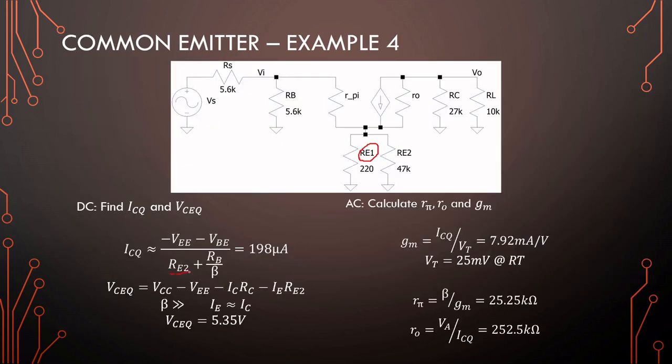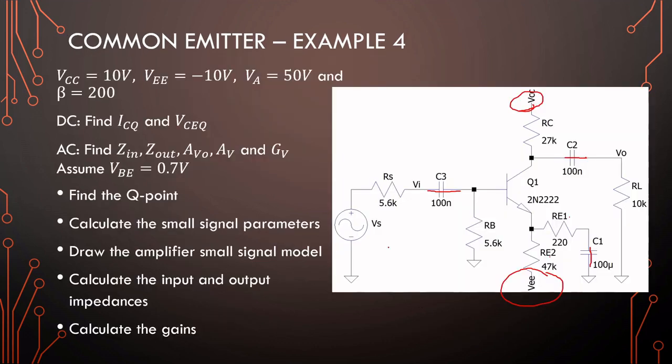Okay, so only RE2 will be seen in the Q point calculation, and this is worked out at roughly 200 microamps, 5.35 volts. And you should have noticed by now that our Q point is a half of VCC here.